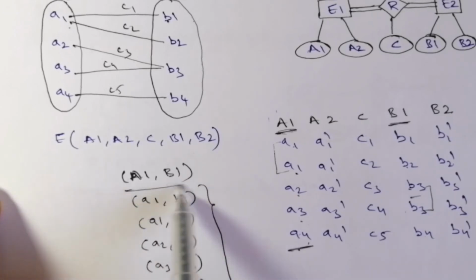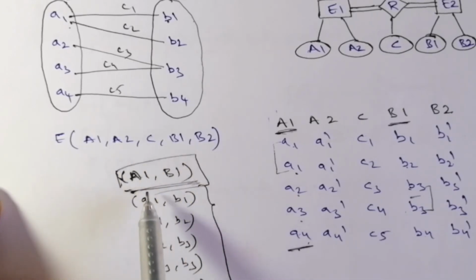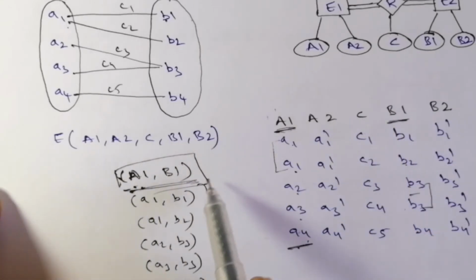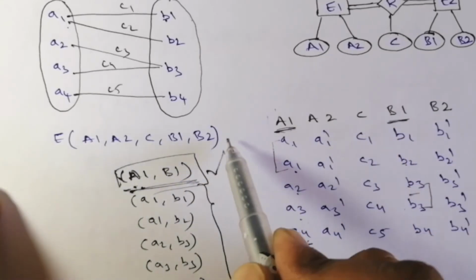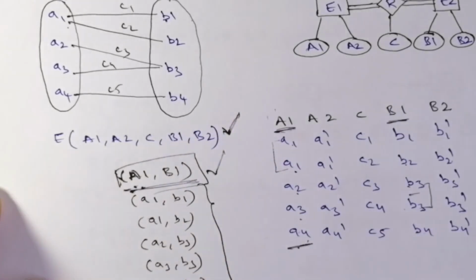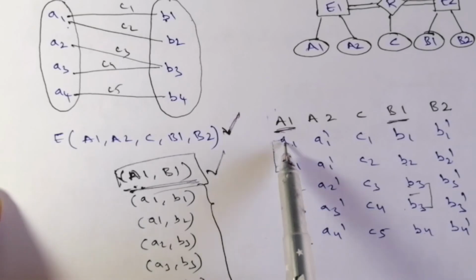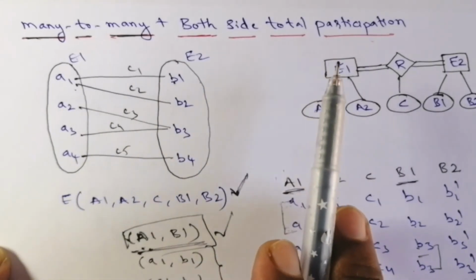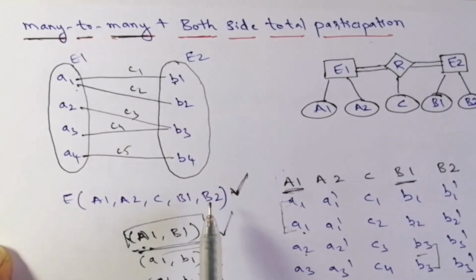When we take this particular case as the primary key, the combination of both A1 and B1, it is suitable. So automatically we can convert into a single relation. But the problem here is there is a redundancy. There is a repetition of values. So it is a problem. When we have many to many plus both side total participation, only one relation is enough.